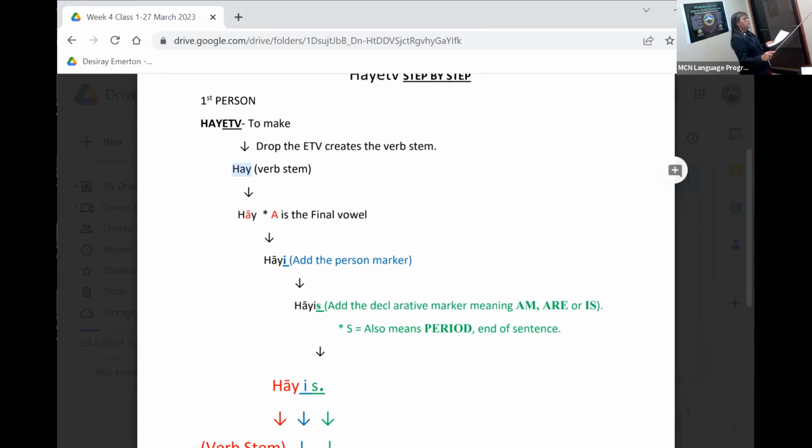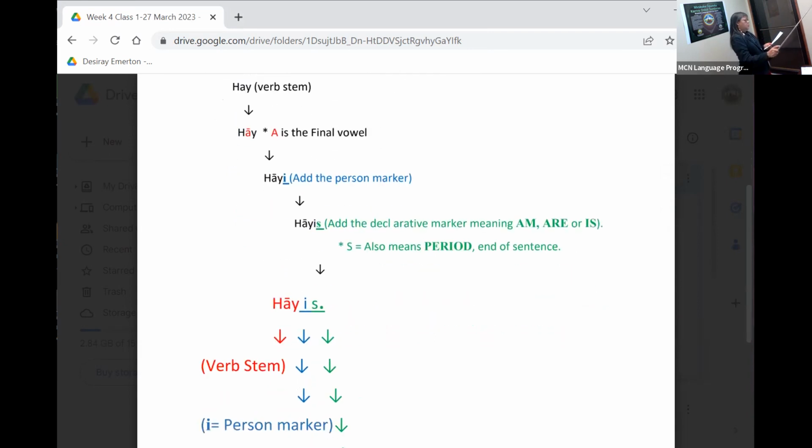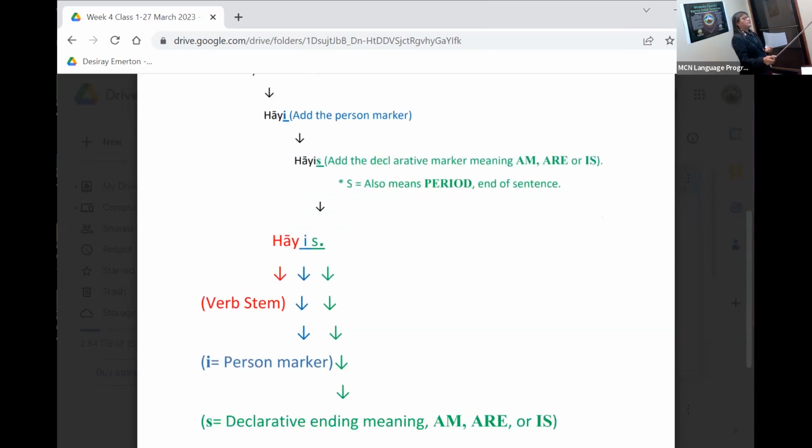And according to your notes, the A is the final vowel, and so it gets the long mark over it. Then you add your person marking, I, because we were using I. And then on your next step, you add your declarative ending, S or ES. So it's got an I in there, so we just add an S. We don't want to put two vowels together, so you just add S.